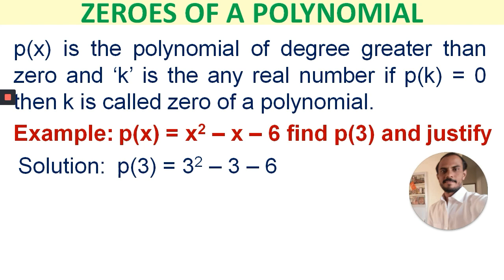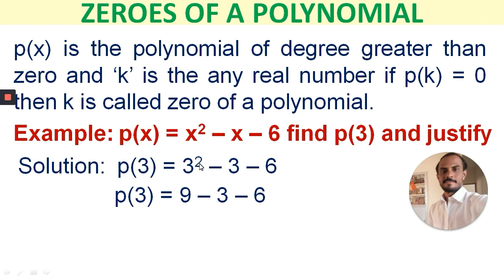The next step: P of 3 is equal to 3 square, which is 3 into 3, not 3 twos. 3 square means the base number is multiplied twice. 3 threes are 9, minus 3 as it is, minus 6.